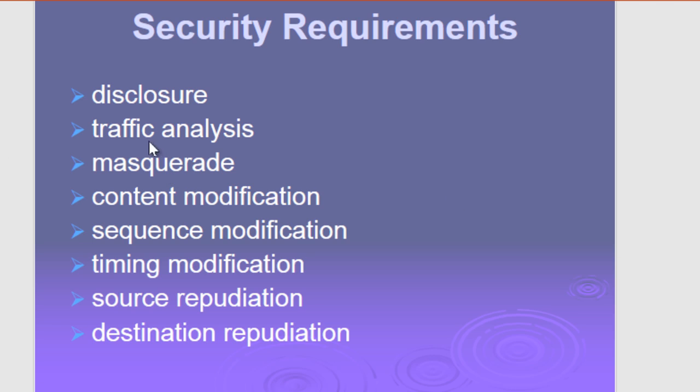The attacker will pretend to be a legitimate user, hack the messages, and send complicated messages. And next, content modification. It is just modifying the contents of the message. Then sequence modification. Sequence modification is changing the sequence of messages.